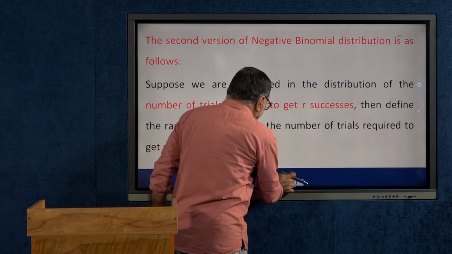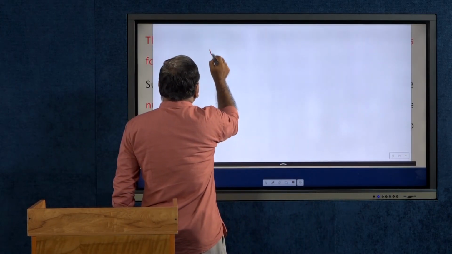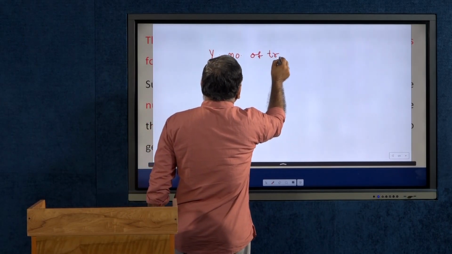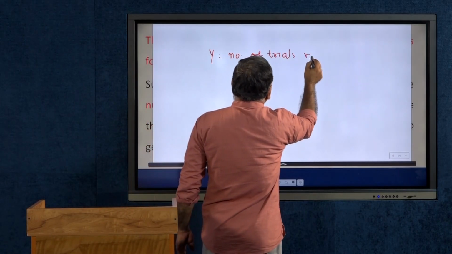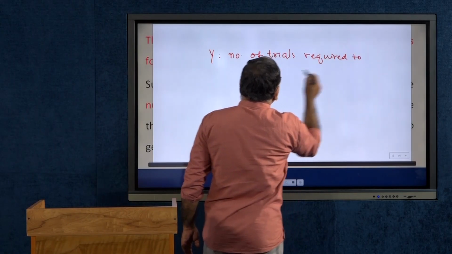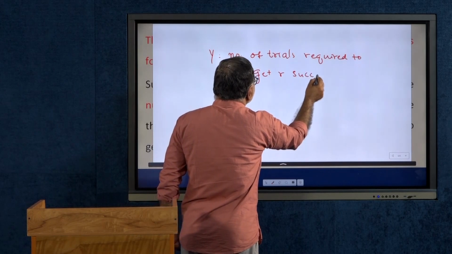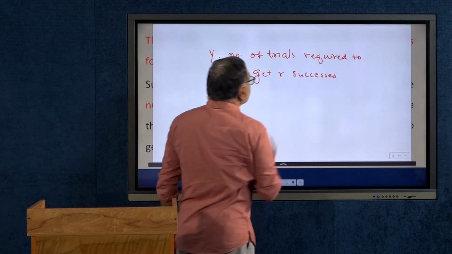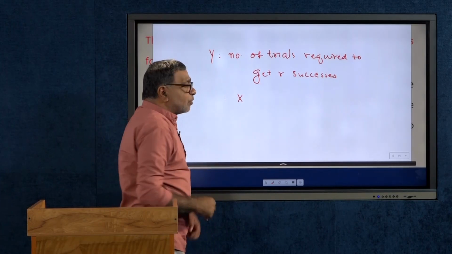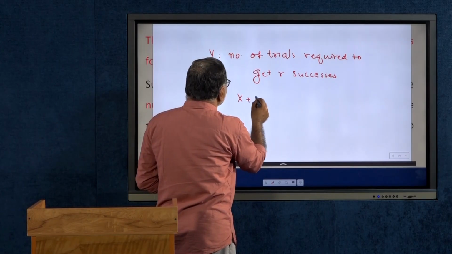So, y is the number of trials required to get r successes. Earlier, x is the number of failures preceding r successes, so y is actually x plus r.